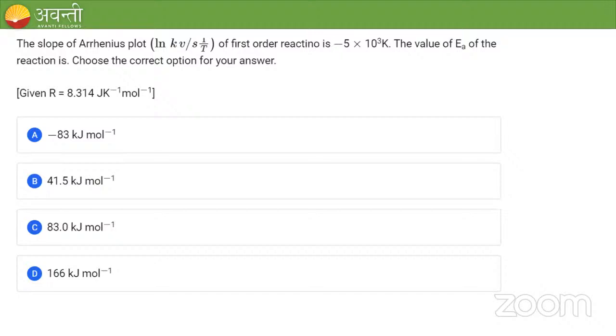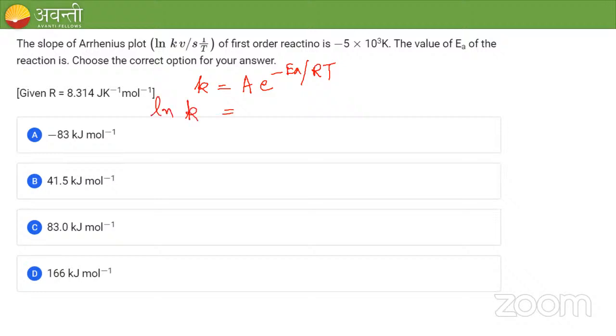So what is the Arrhenius equation? Can anyone tell me? It is k is equal to A into e power minus Ea by RT. So apply the logarithmic function. Apply ln on both the sides.